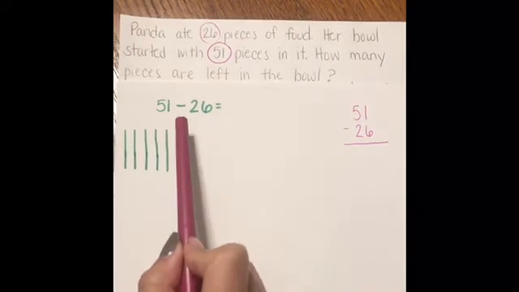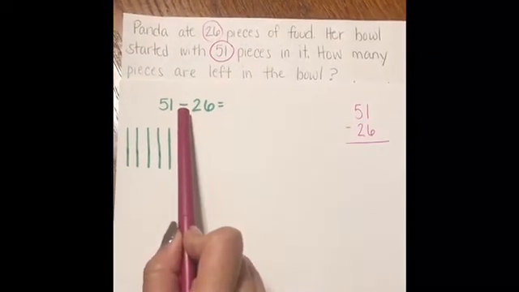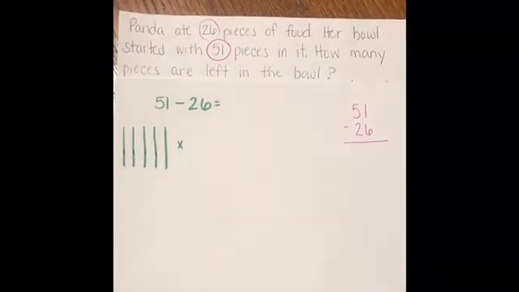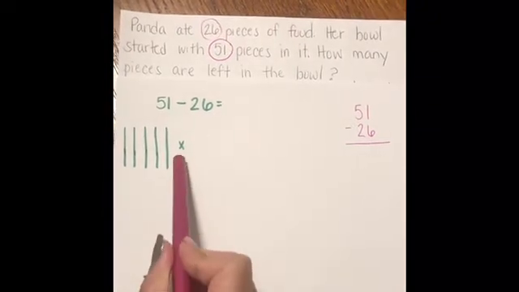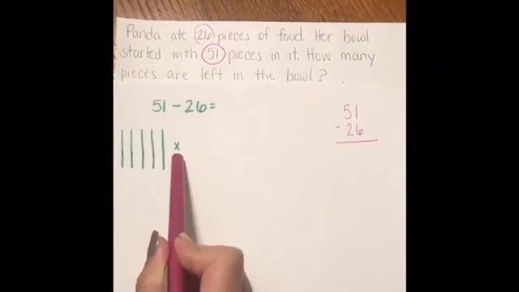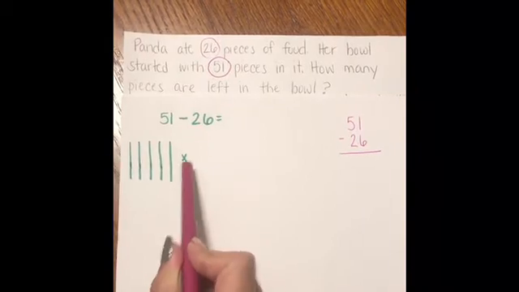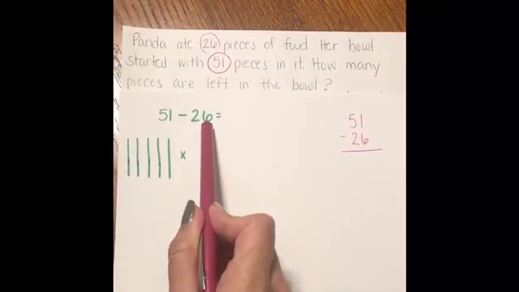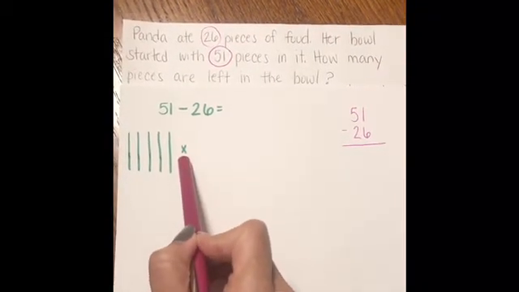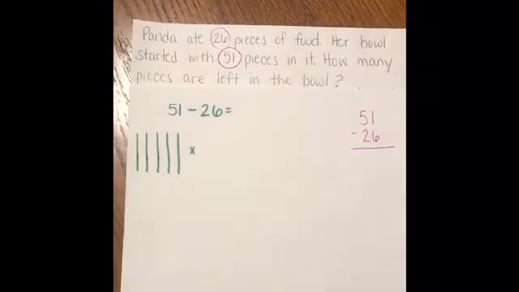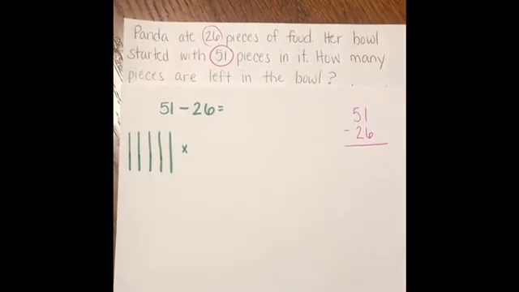So I want to take away 26. I'm subtracting 26. Well, when I look over here at my 1 cube that I have, I realize I cannot take away 6 from this 1. That's impossible. So what I need to do is I need to regroup.